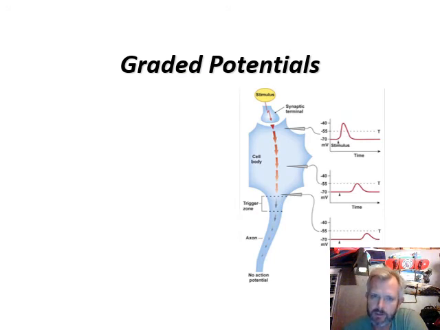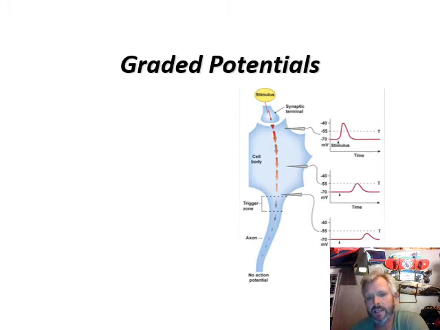Alright, so we're going to start with the graded potentials. Remember, the graded potentials are taking place. Again, potential means we're changing the membrane potential. But these graded potentials are taking place either at the dendrites or the cell bodies. We're going to see later on with the sensory system that what causes graded potentials are some kind of stimuli.